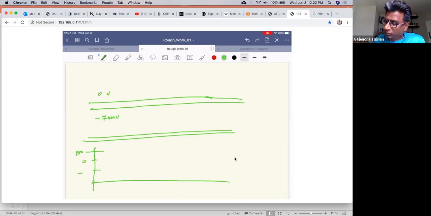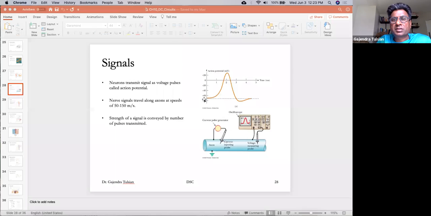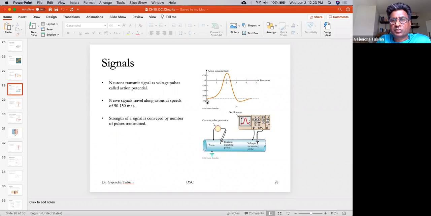We'll say minus 70 millivolts. So the voltage inside is minus 70 millivolts along the length of the axon. So the resting potential is minus 70 millivolts. That's what's shown here.